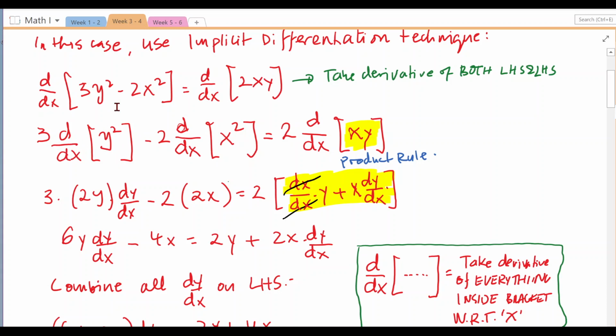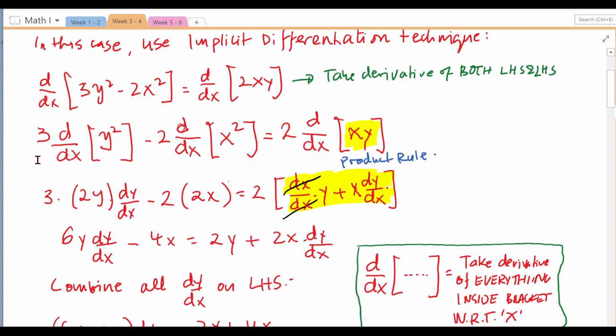And then the next one, because it is addition or subtraction, you can just proceed to the next one, which is negative 2 times the derivative of x². The right hand side equals the derivative of 2 times xy. Here we have a multiplication between x and y, so that we can use the product rule.